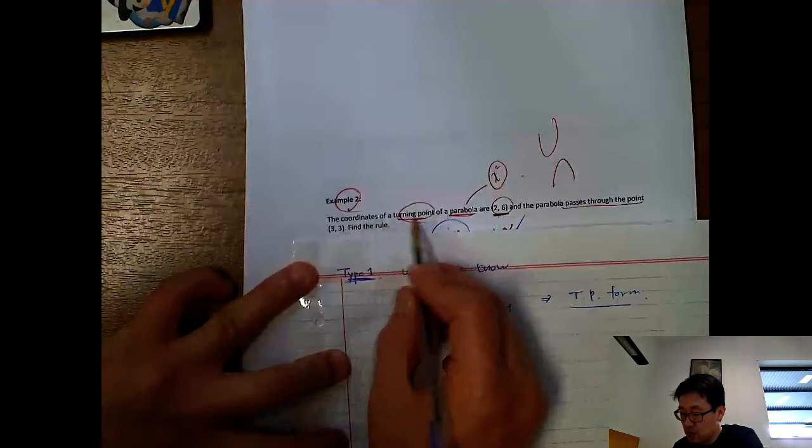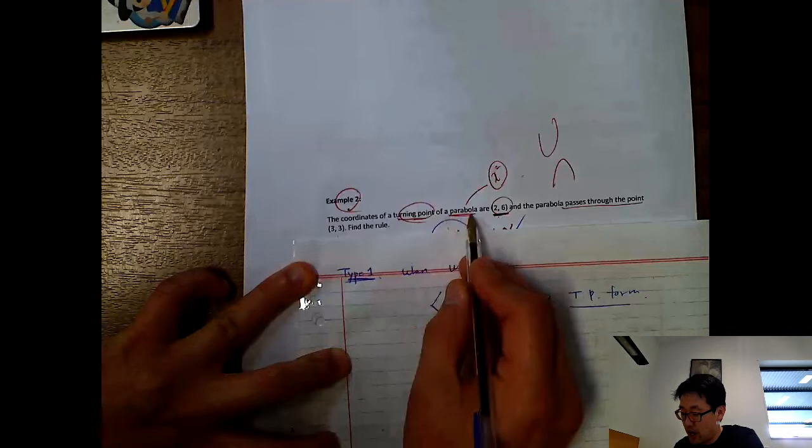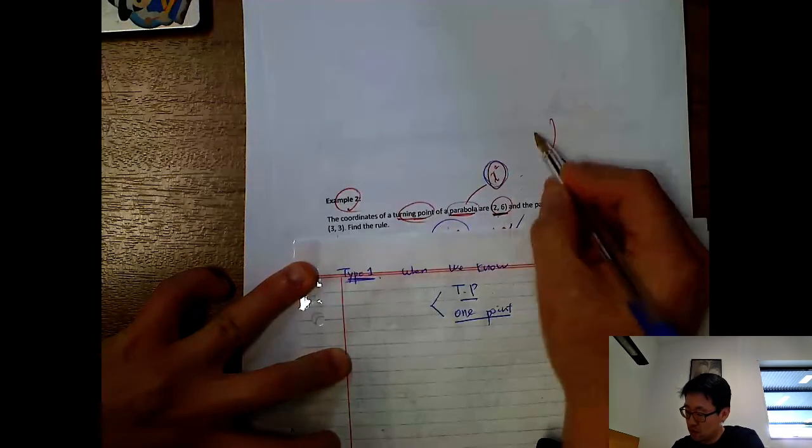Example 2. The coordinates of the turning point of a parabola are 2 and 6. Parabola means square, something like that, isn't it?